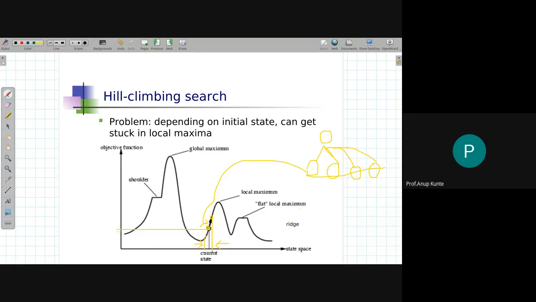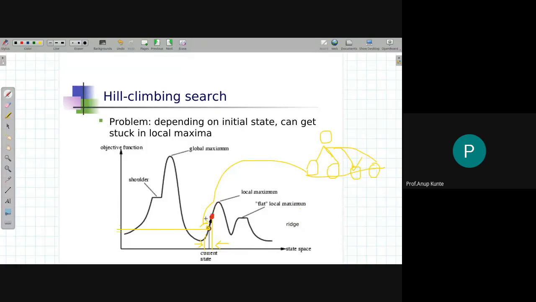And what my algorithm is going to do now is pick the best possible one. Suppose this is the best possible, represented by red. This is the best objective function value among my child nodes.